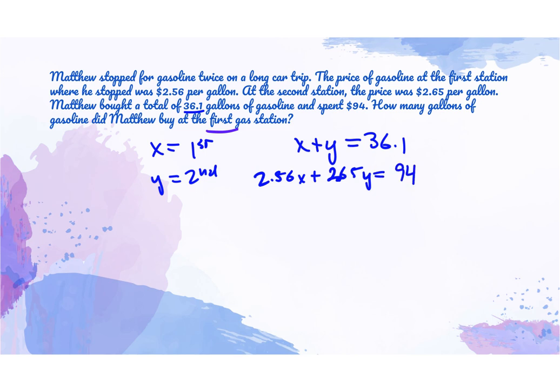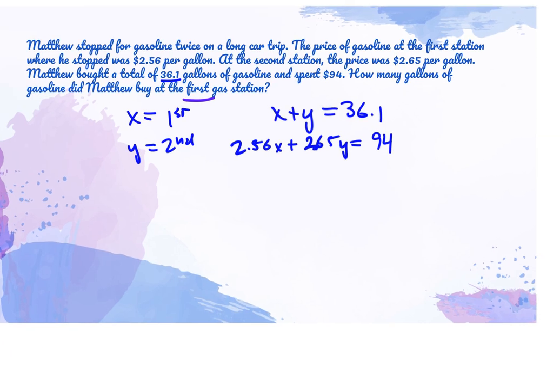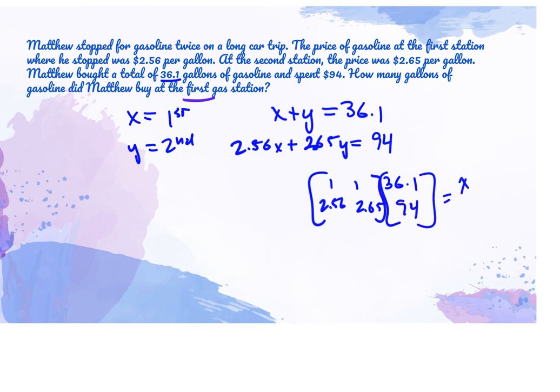Okay, so the easy thing to do would probably be substitution, although if you could run it in a matrix, I would. So if you just ran it 1, 1, 36.1, then you wrote 2.56, 2.65, and 94, and solve that one, then you could do that.